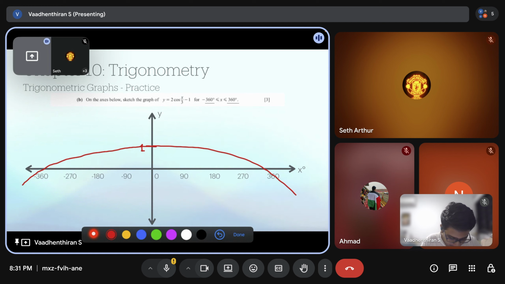For one cycle it will take 1080 degrees, right? So for 360 degrees, one third of the graph will be drawn. So this part is one third, and this is the opposite side.